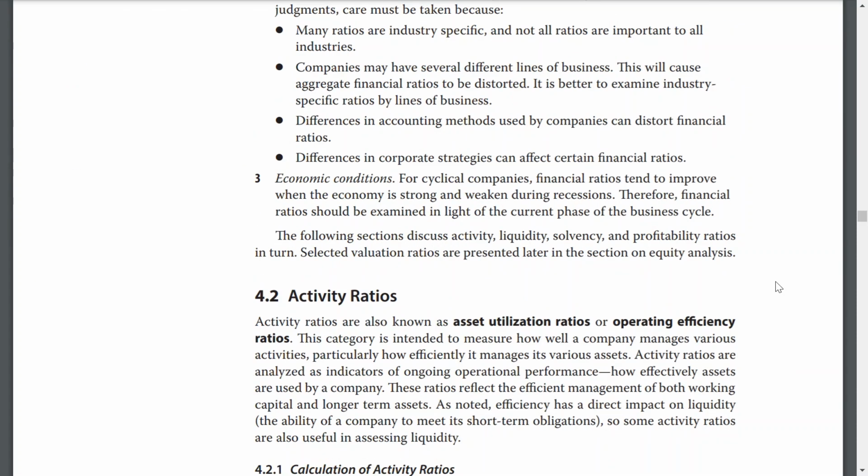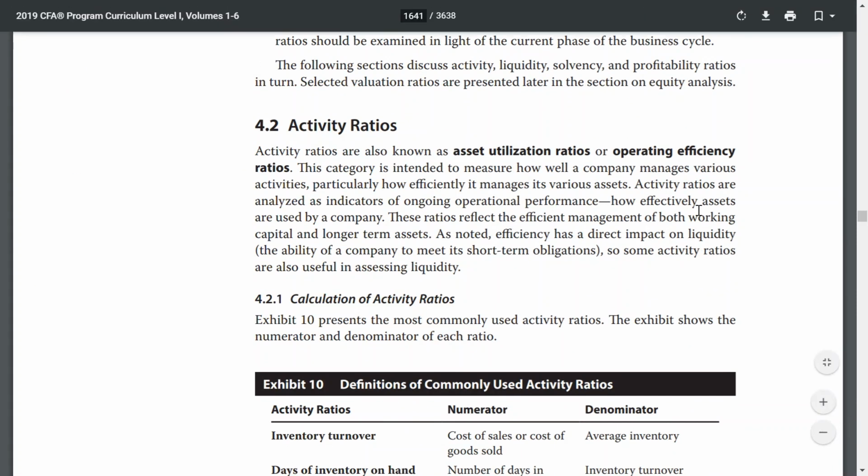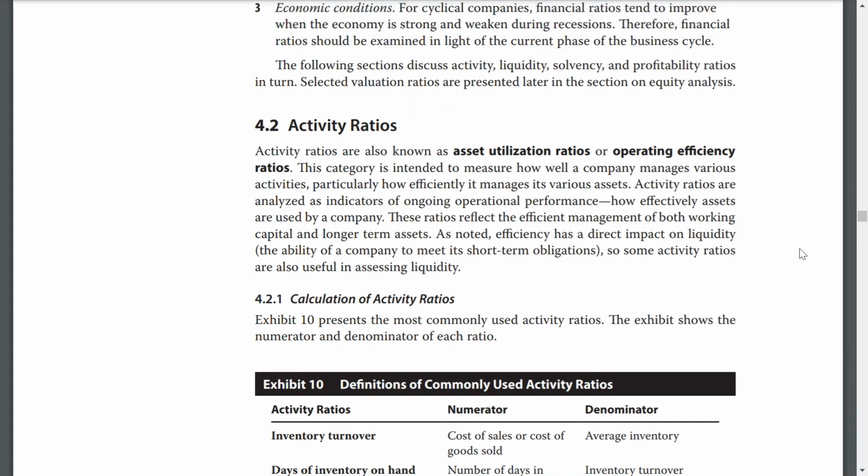Activity ratios, also known as asset utilization ratios or operating efficiency ratios. This category is intended to measure how well a company manages various activities, particularly how efficiently it manages its various assets. Activity ratios are analyzed as indicators of ongoing operational performance, how effectively assets are used by companies.